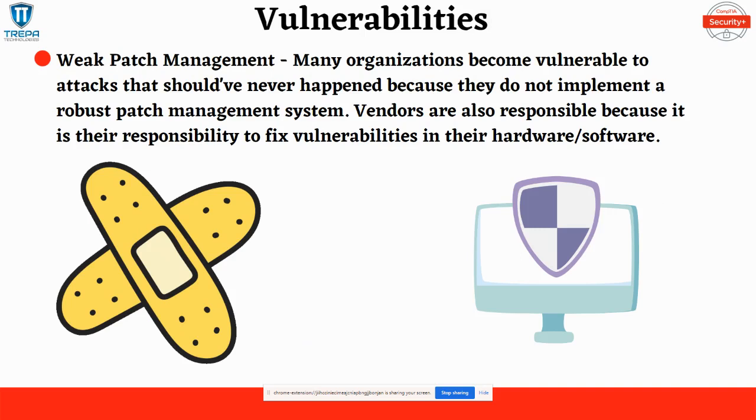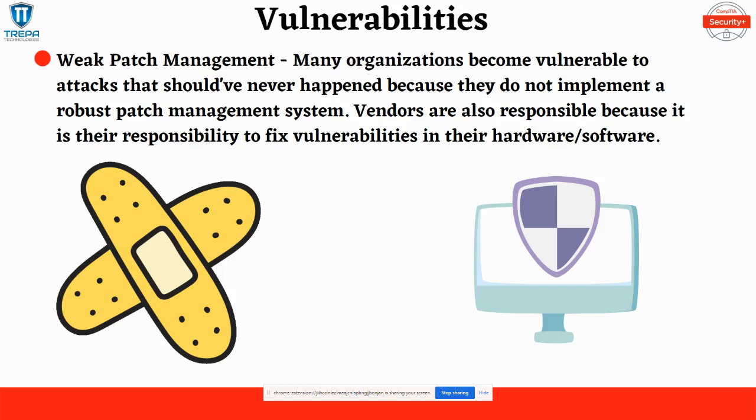Now let's go over weak patch management. So vulnerabilities will occur in our enterprises. That is something you as a security practitioner can sometimes not prevent. It's going to happen. There's going to be an exploit in a system at some point that even the vendor wasn't aware of. So what can we do to be proactive? What we can do is use corrective action on our systems by implementing a patch management system that regularly patches known CVEs in our environment.